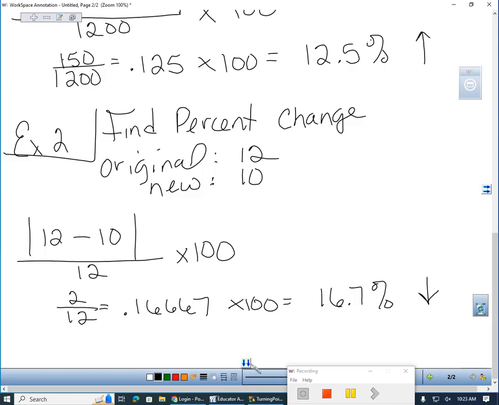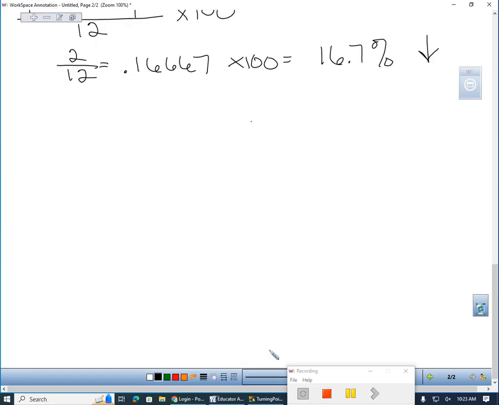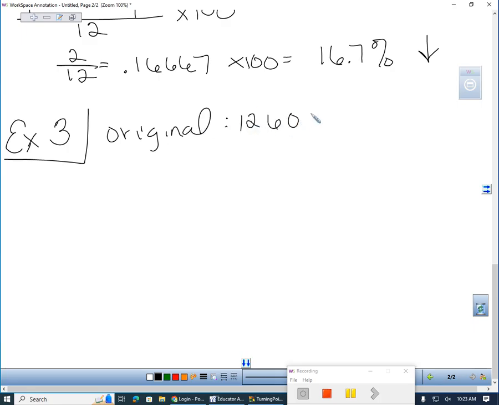Okay, let's try one more example from this section. Example number 3. Again, let's say the original is 12,600.